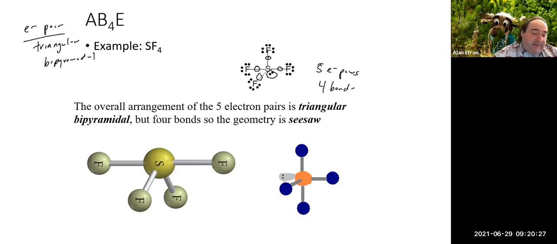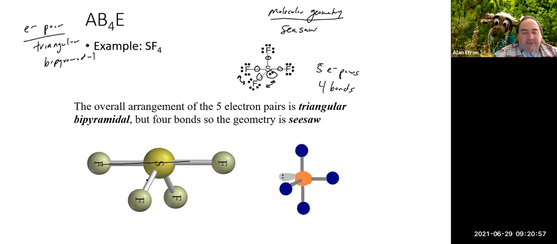The presence of that extra bond brings some different considerations, like how close these guys can get to each other, these bonding to bonding, and also our non-bonding to bonding. And it ends up in this shape, which is referred to as seesaw. It's called a seesaw for obvious reasons.